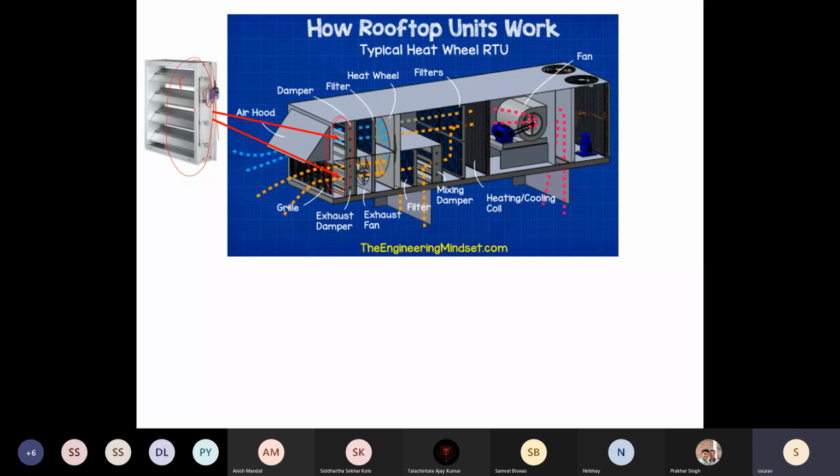This is called an air damper, and it is used to control the airflow rates. It is effectively like a valve. Just as you can open and close a valve, similarly you can open and close this flap to increase or decrease the airflow rates.